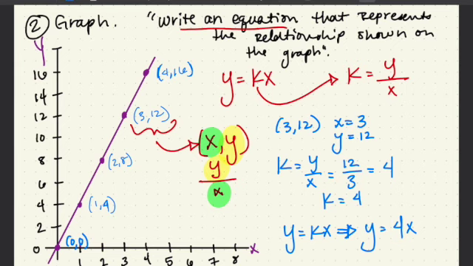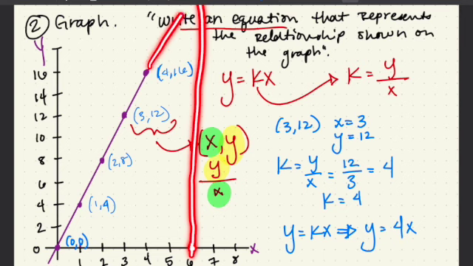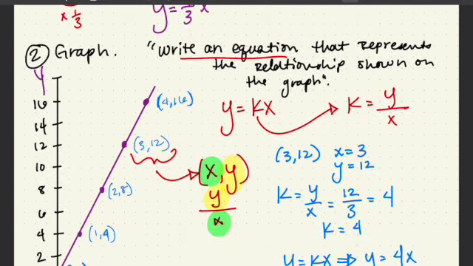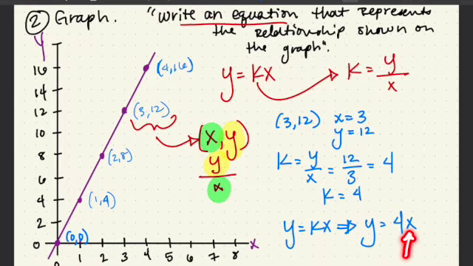Y equals 4x. And that means for whatever point we have on our x-axis, we can find out without having to draw a line and making sure that it's perfect, we can just find out by plugging that into the equation.